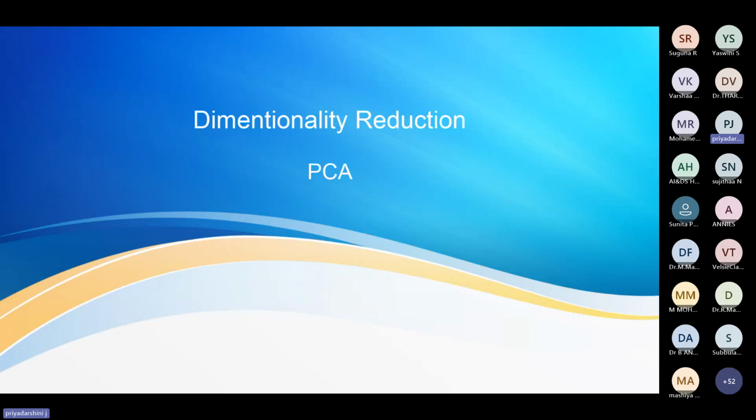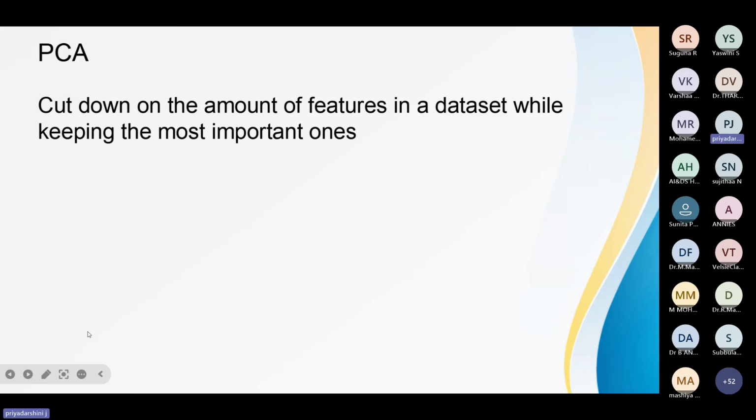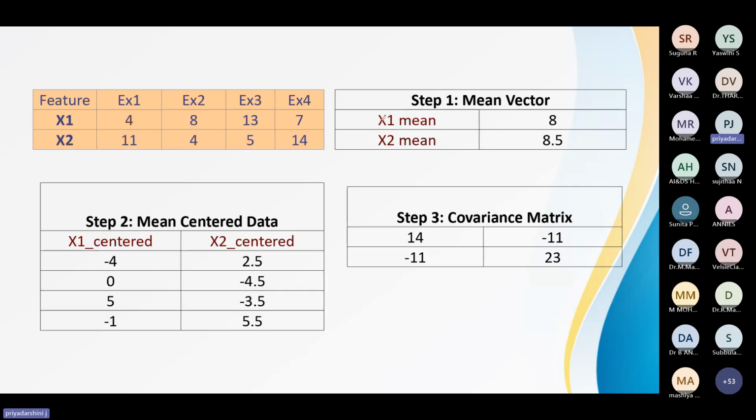It is going to give us the important features and show us how you can reduce the features. It is going to cut down the number of features in the data set, retaining the important ones. That is the main thing.